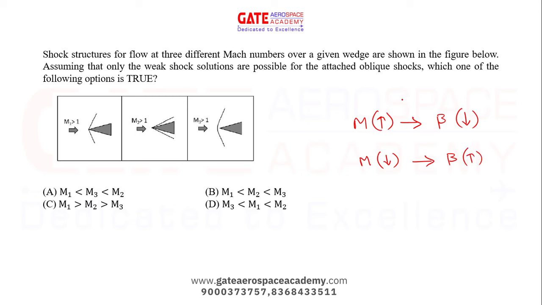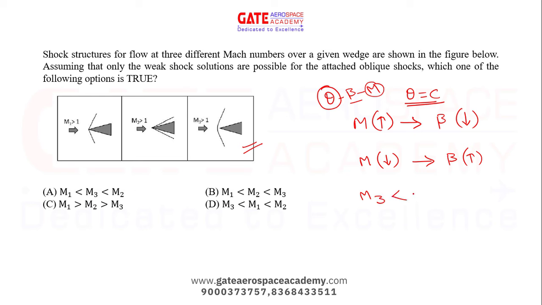This is for given theta, when theta is constant, right? Because we have 3 variables in the theta-beta-M relation. So when theta is constant, when Mach number increases, beta decreases, right? So in all 3 cases, theta is constant. So for M3, it is a detached shock, right? It has already detached, so obviously M3 will be smaller. Then for M1, it is attached, right? So we can write M3, then M1 bigger than this.